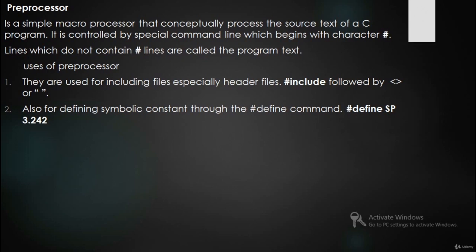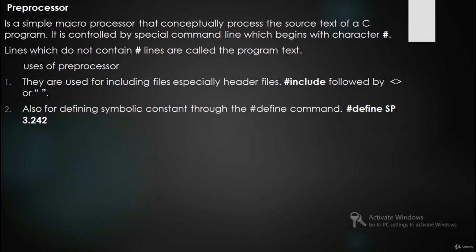Also, a preprocessor is a keyword or statement which informs the compiler to make additional changes or modifications in a program. So it begins with the hash symbol.